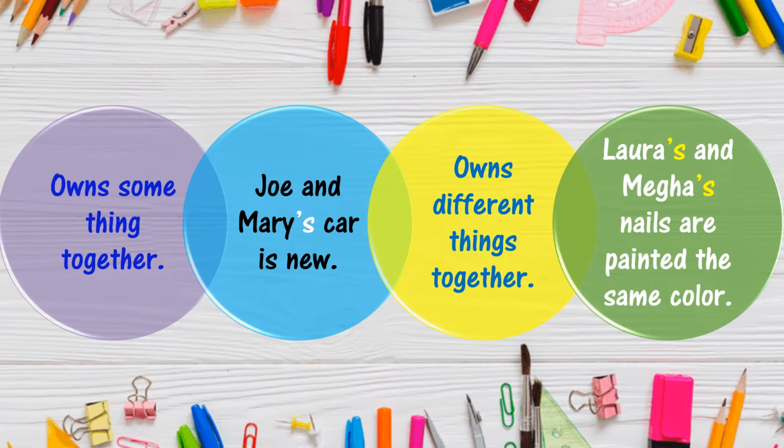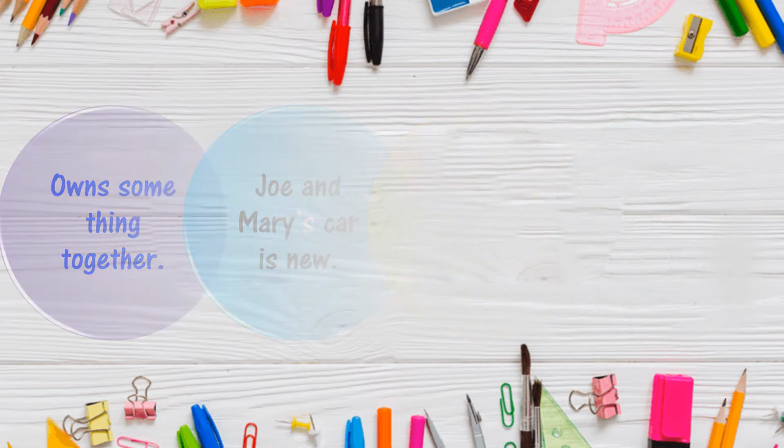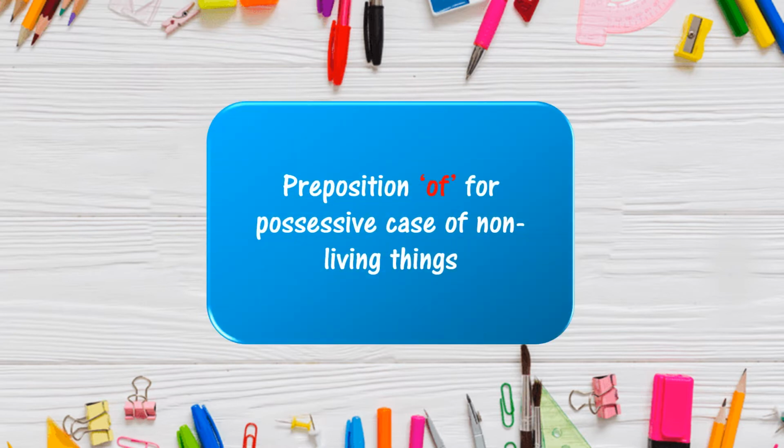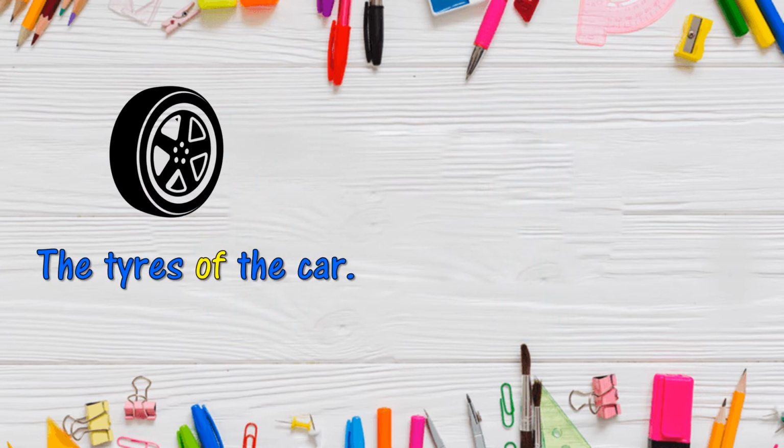Alright. The possessive form is normally used with people and other living things like birds and animals, and not with non-living things, children. So how can we express the possessive forms of non-living things? So here we use the preposition of. For example, the tires of the car.